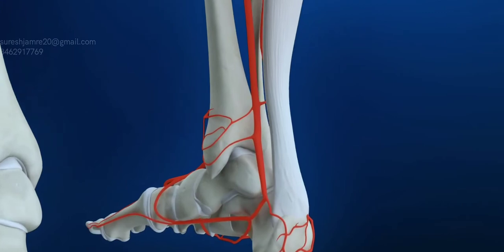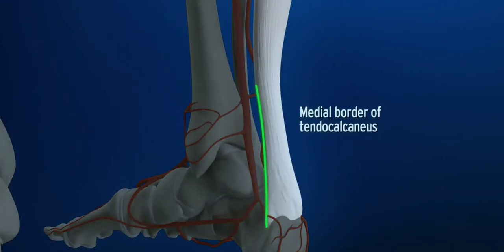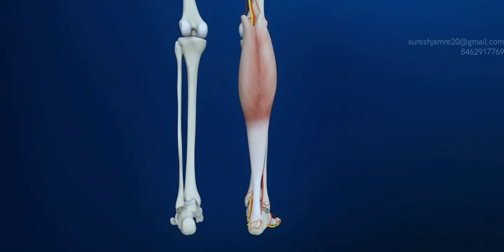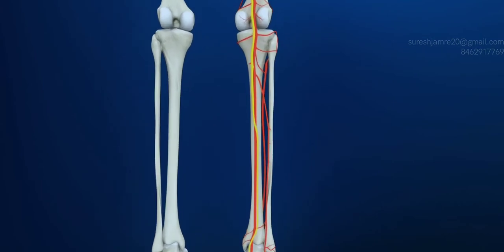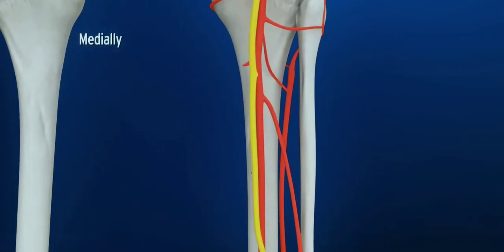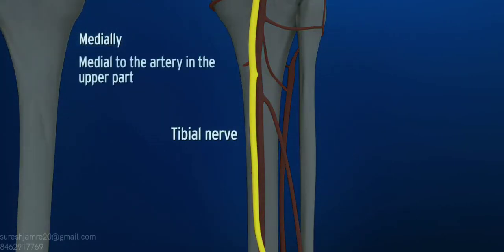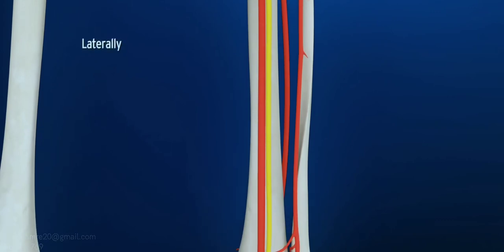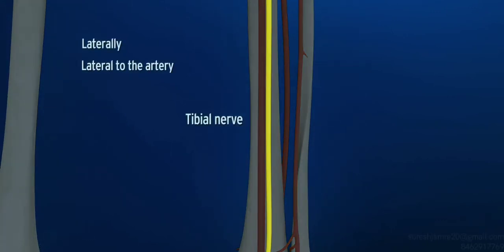It lies parallel to the medial border of tendocalcaneus. Medially, tibial nerve lies medial to the artery in the upper part. Laterally, tibial nerve lies lateral to the artery in the lower part.